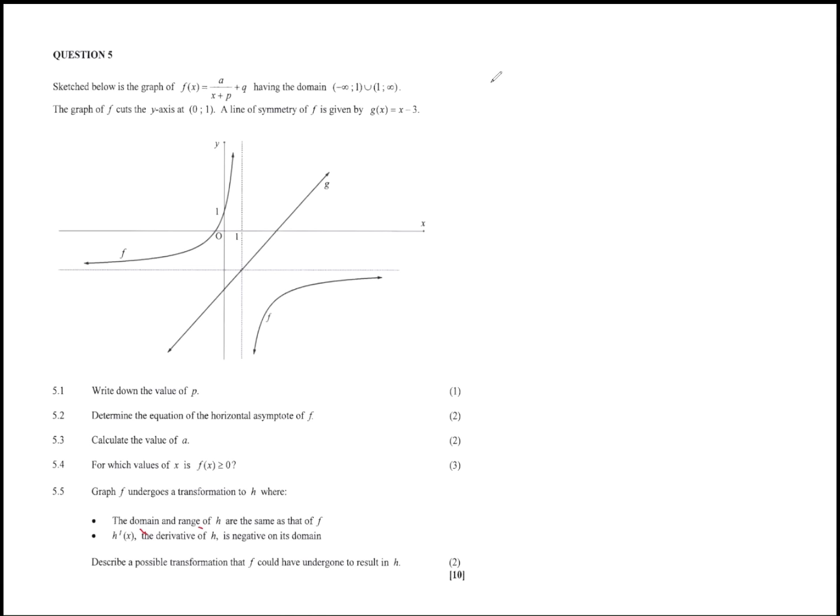Okay, so the range, let's start by the range of f. The range of f originally is what? So remember, we have our f of x is equal to -3 over x minus 1, minus 2.